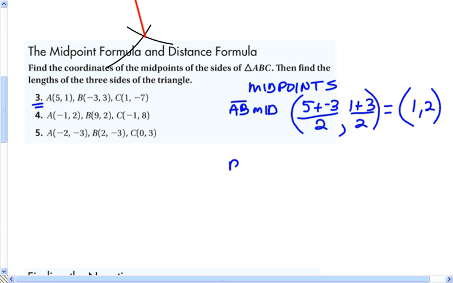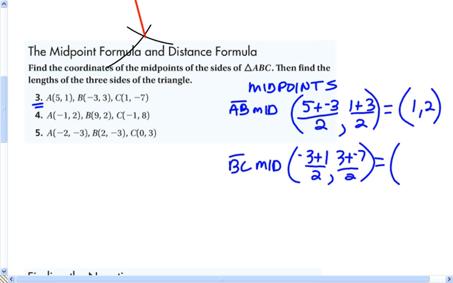And then BC, midpoint. So we're going to do the same thing. We're going to add the x coordinates together, divide by 2, add the y coordinates together, divide by 2, and that gives us the midpoint of segment BC.